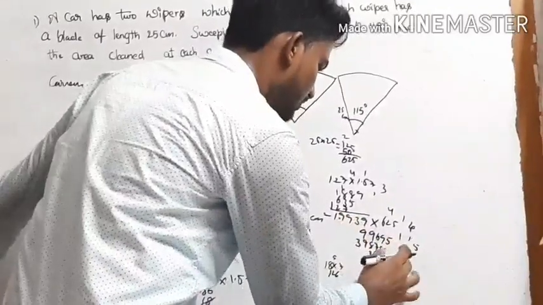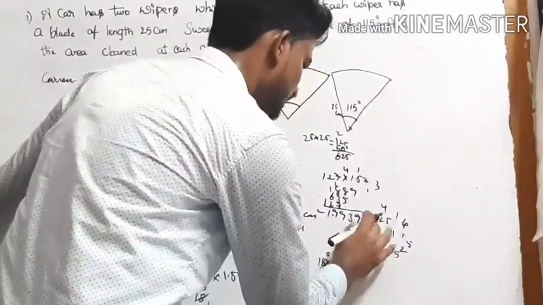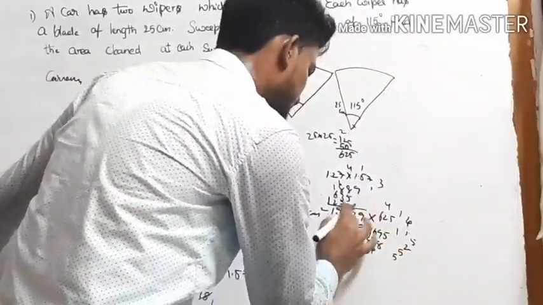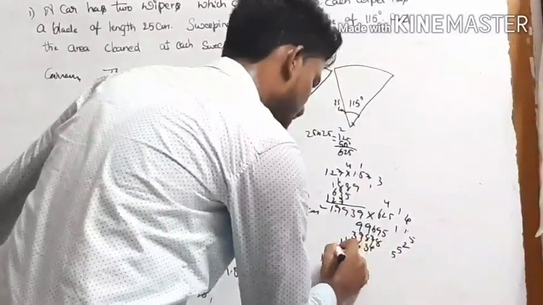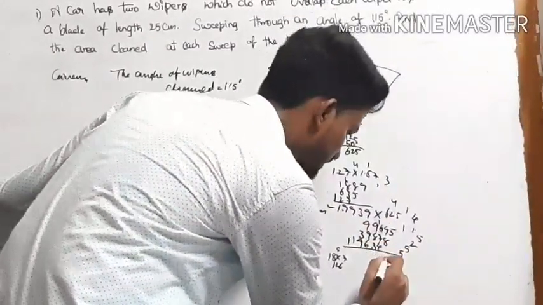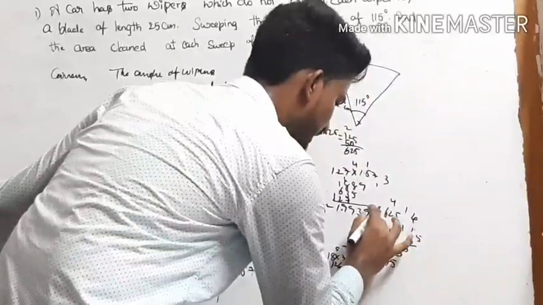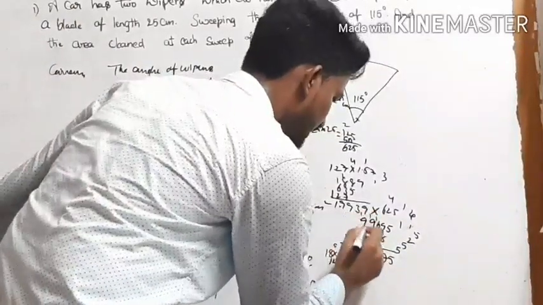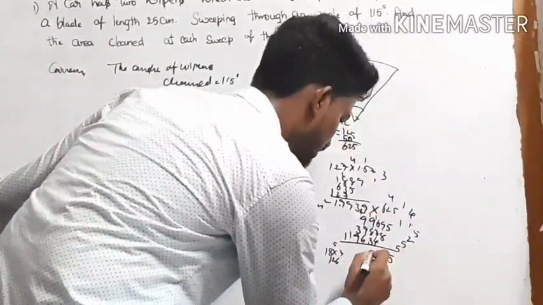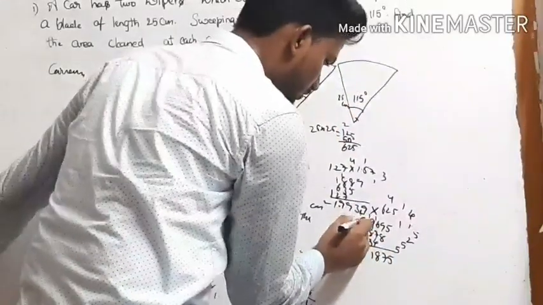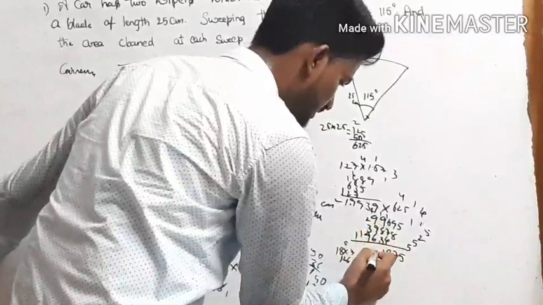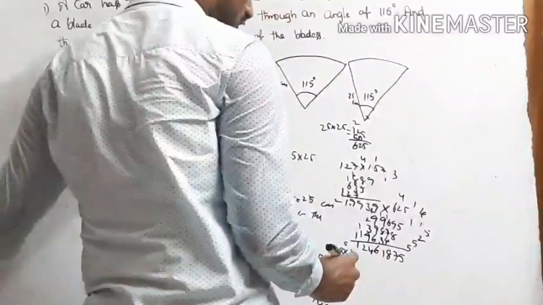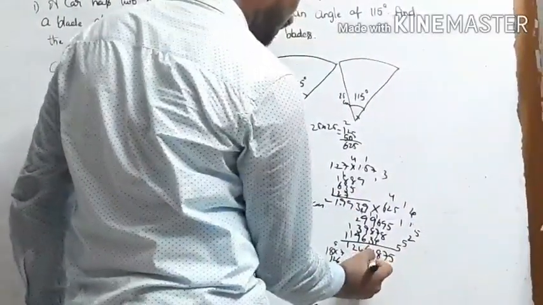6 9s are 54, 54 plus 2 is 56. 6 9s are 54, 54 plus 5, 59. 6 1s are 6, 6 plus 5, 11, 5, it is 17, 10, 17, 18, 10, 18, 18 plus 3, that is 21. 9 and 18, 18 plus 2, 20, 20 plus 6, that is 26. 9 to 11, 11 plus 3, 14, 2, 1 to 4, and the decimal points are 4.